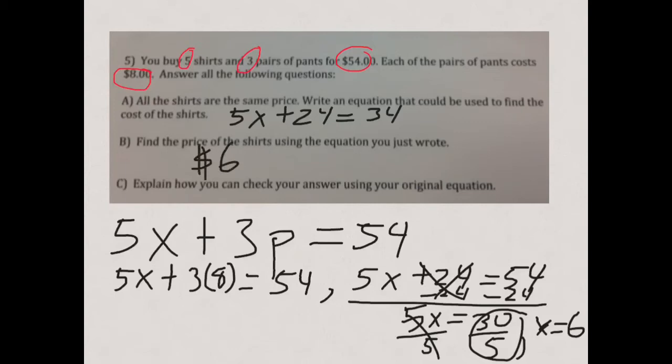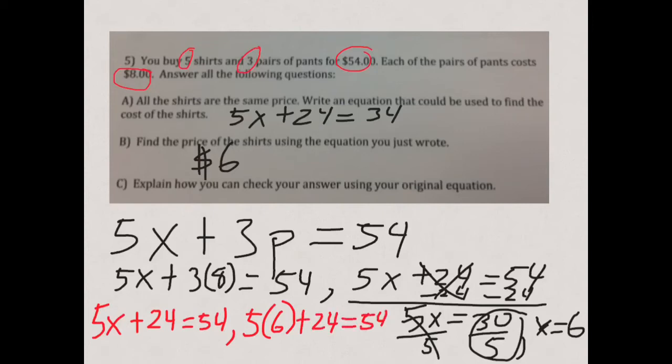Explain how you can check your answer using your original equation. Well, if I have my original equation, I'll write it in red just to make it a little different. 5X plus 24 is equal to 54. I could also write out that this is the same as 5 times 6 plus 24 equals 54, and this is 30 plus 24, which is equal to 54.